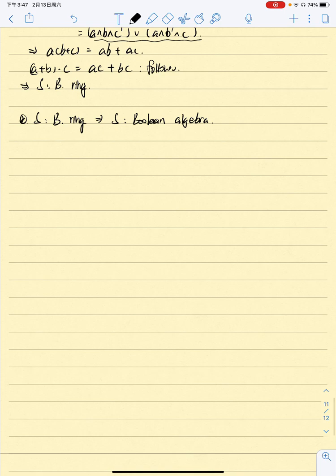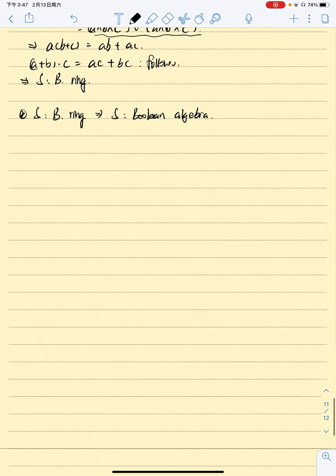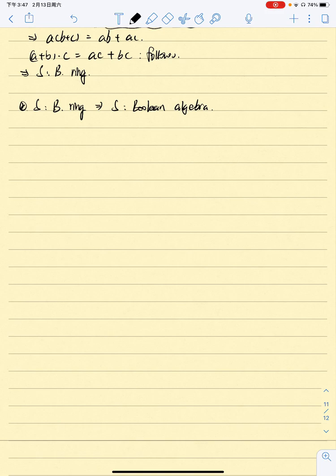Okay, to prove S is a Boolean algebra, we should prove first that it is a semi-lattice, right? One, S and is a semi-lattice.